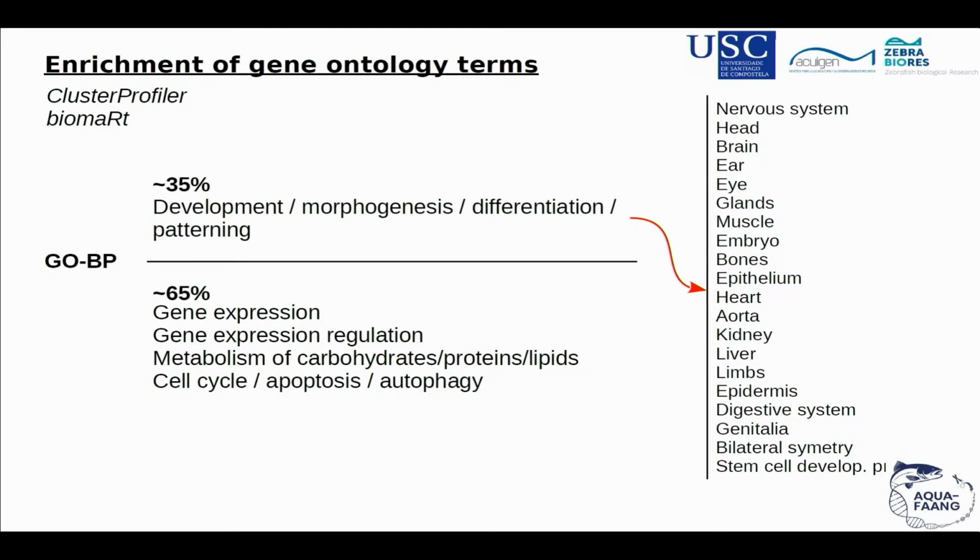This is GO enrichment. The rest of the enriched terms corresponded to gene expression, regulation, general metabolism, and cell death regulation.